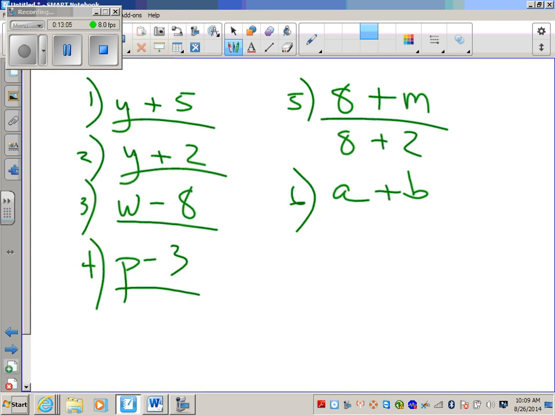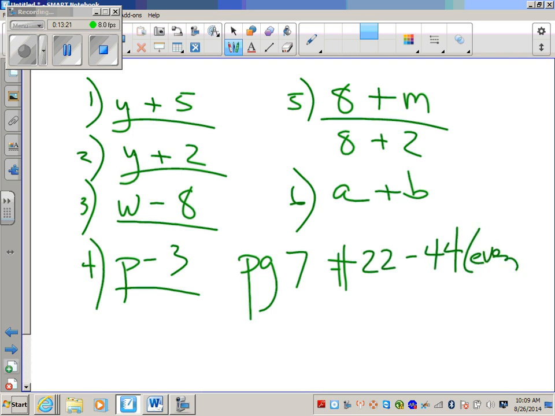Now we'll do some more, but I'm going to make page 7, numbers 22 to 44 even, your assignment. Now notice at the top of that section, evaluate if A is equal to 6, K is equal to 8, M is equal to 5, P is equal to 7, and S is equal to 11.